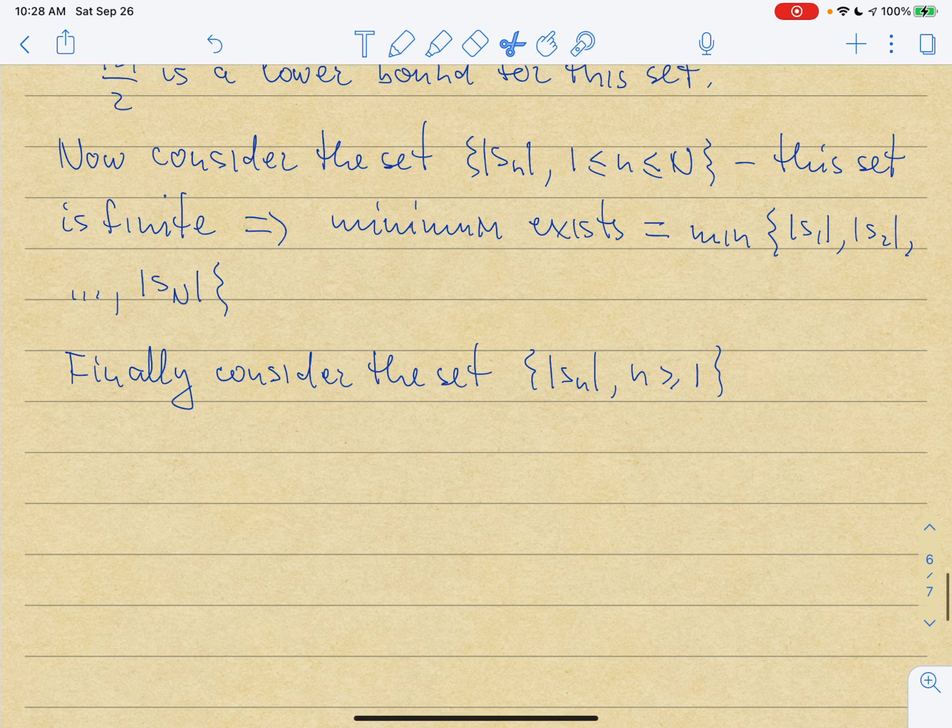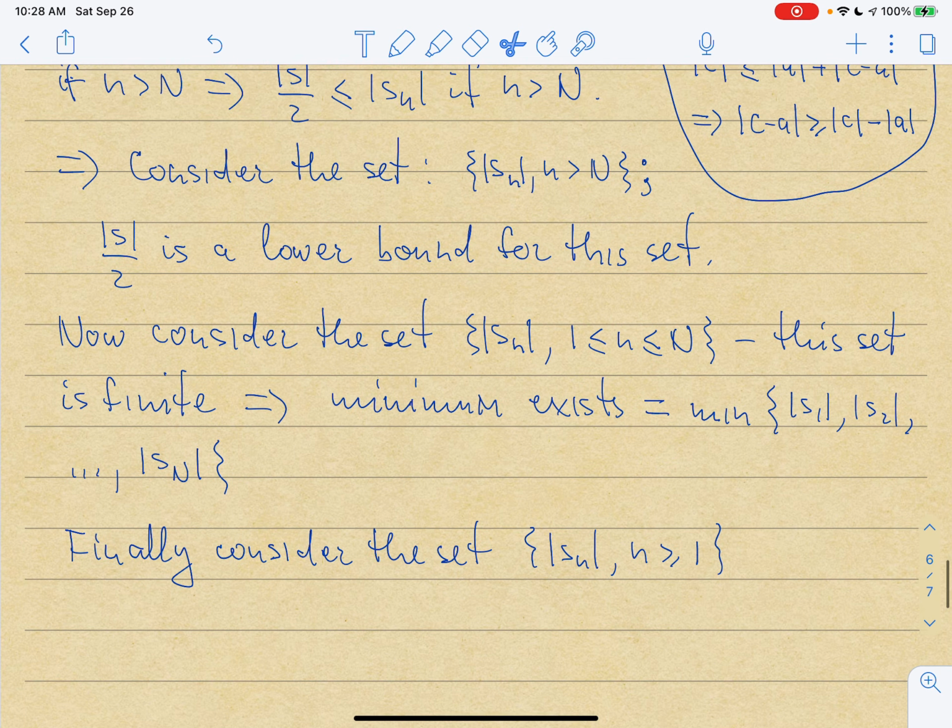So now if I take a minimum of the two things, a minimum of S over 2 and this minimum, then I get a number which should be smaller than any element with an index bigger than capital N or less or equal than capital N. And so that would be a lower bound on my set of all possible absolute values of Sn.